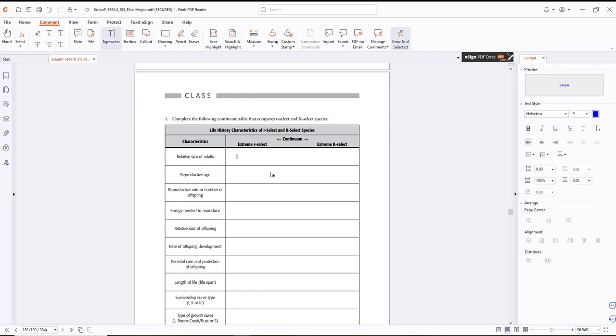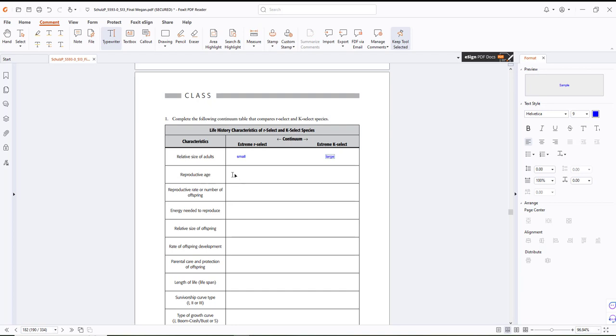If we think of an R select, think of a little mouse, for mammals. They tend to be very small compared to a K select mammal, which would be large. That would be the extreme sides, and the in between would be a medium size.